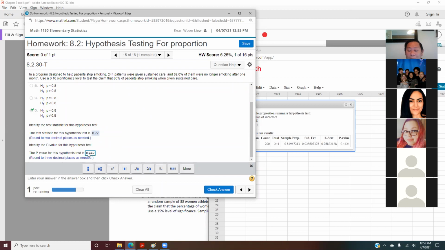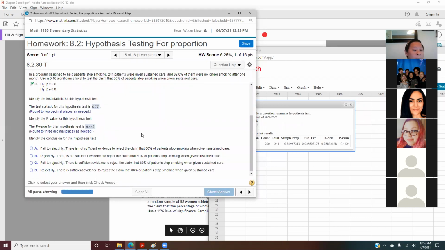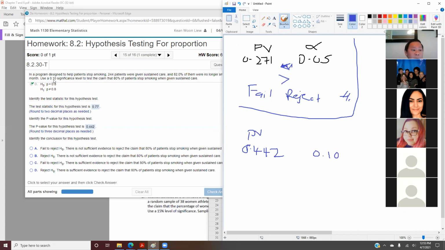So you can tell they are all asking the same thing, or you're doing the same testing here. So back again to this chart that I'm drawing here, and then after that you have to look at the chart. The p-value that you found here is 0.442, and the alpha or significance level is given to us as 0.10, which is this one.